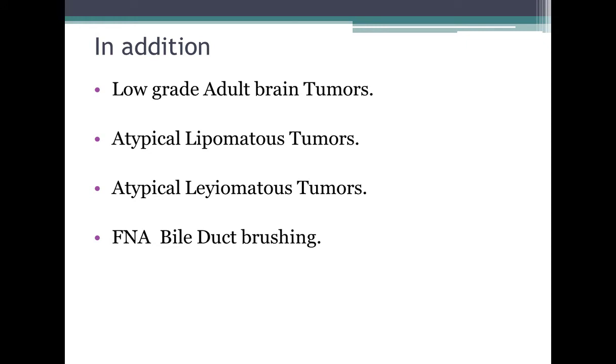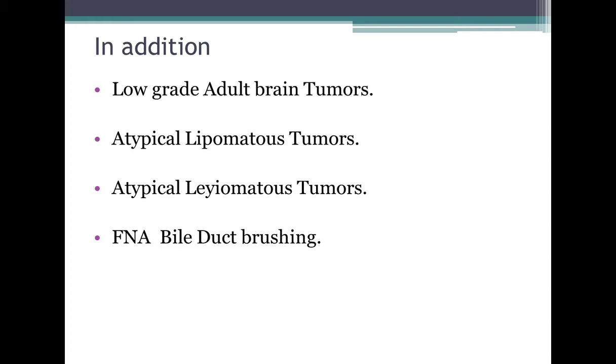So in addition to the melanocytic assessment of these cases, we use the OncoScan FFPE assay for assessment of low-grade adult brain tumors and atypical lipomatous tumors. I think Joanna did a phenomenal job in explaining the critical importance of SNP arrays.